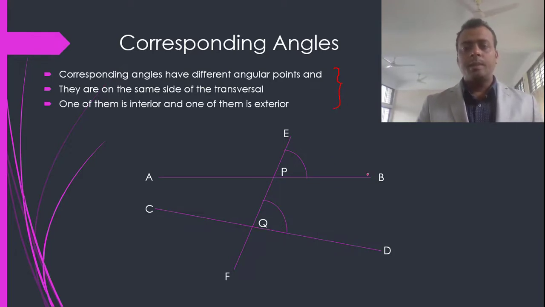You can see BPE and DQE are corresponding angles because they have different angular points P and Q, they are on the same side of the transversal, and BPE is exterior and DQE is an interior angle.